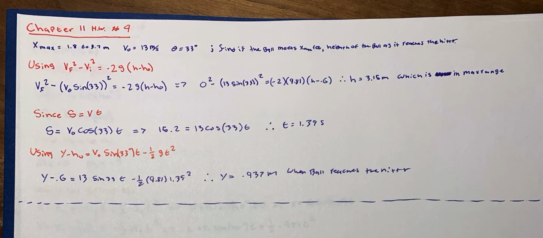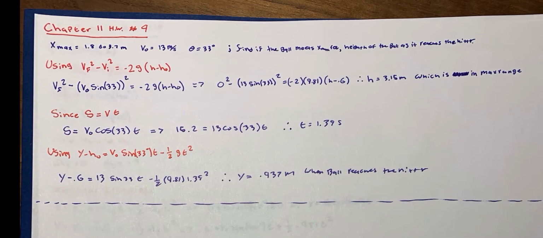Number 9. A pitcher's throwing a ball, and we're supposed to find out if the ball meets a certain height requirement, and what the height of the ball is as it reaches the hitter.